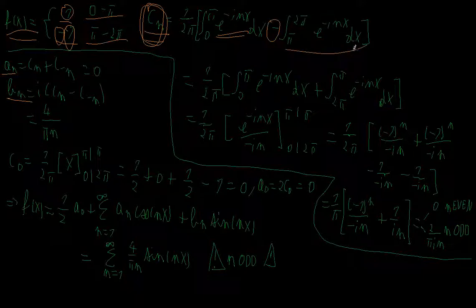Okay, so that is just the integral from 0 to 2 pi, but because we have 1 between 0 and pi and -1 between pi and 2 pi, we need to split that up into two integrals.